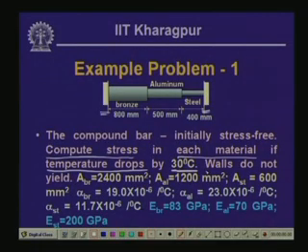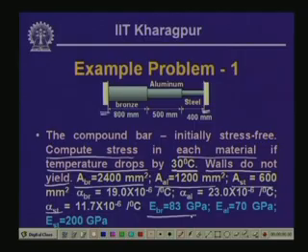Here it is to be noted that walls do not yield, and the cross sectional area of the bronze part, the aluminum part, and the steel part are given, and the corresponding thermal expansion coefficient and the modulus of elasticity values are given.